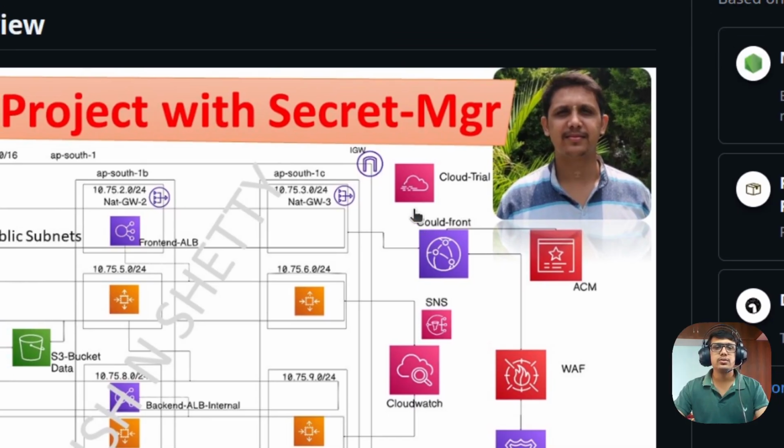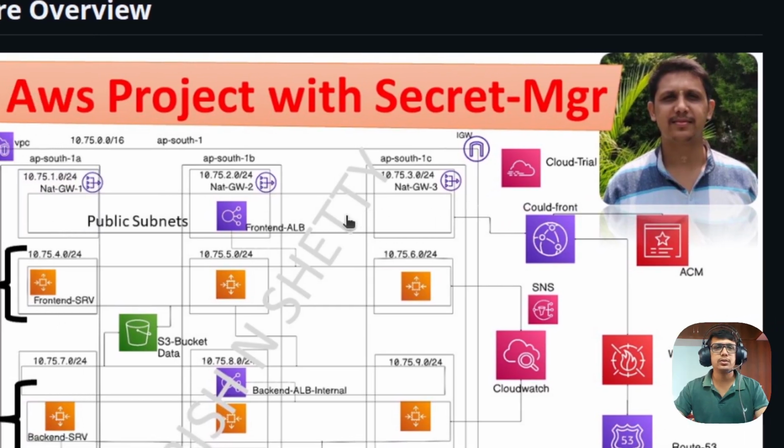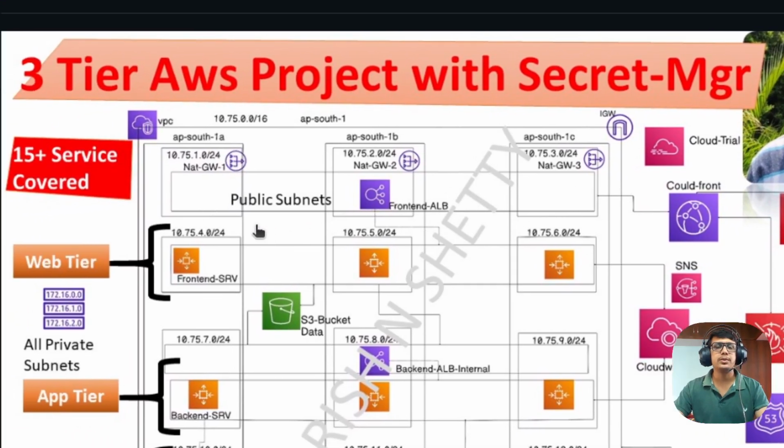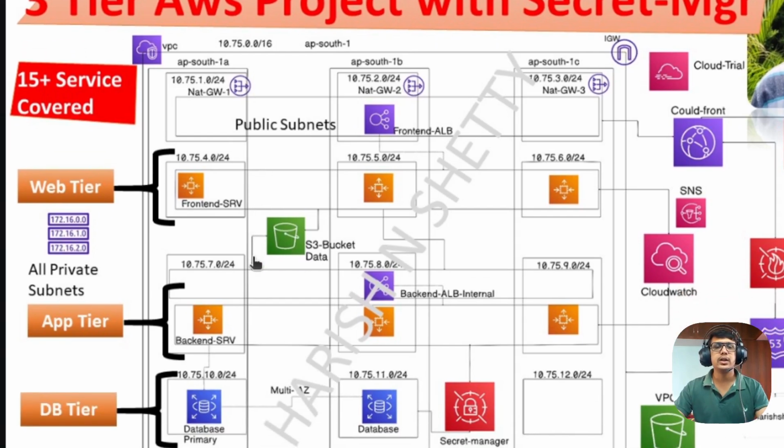We are also configuring CloudTrail in this project. The main thing in this project is that we are setting up 3 NAT gateways. In each availability zone we are creating a separate NAT gateway: 1A, 1B, 1C. We are creating 12 subnets, 3 public subnets and 9 private subnets.